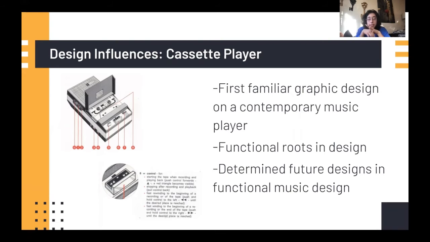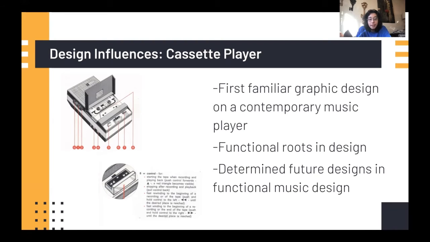And this, in my opinion, is the most familiar machine that held the most graphic design that is used now in music players. And as you can see on the bottom, there is a little switch with arrows pointing in each direction, telling you that you need to move the switch in a certain direction in order to go backwards and forwards.